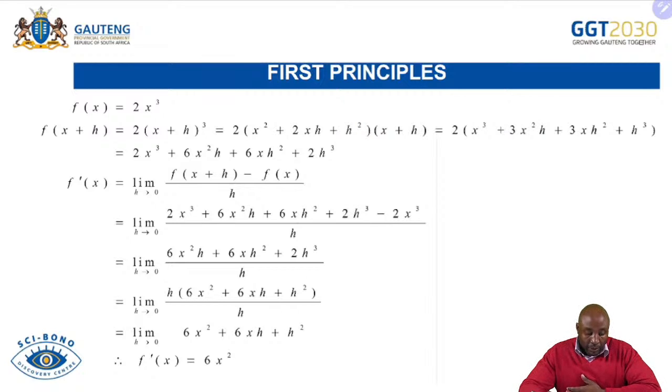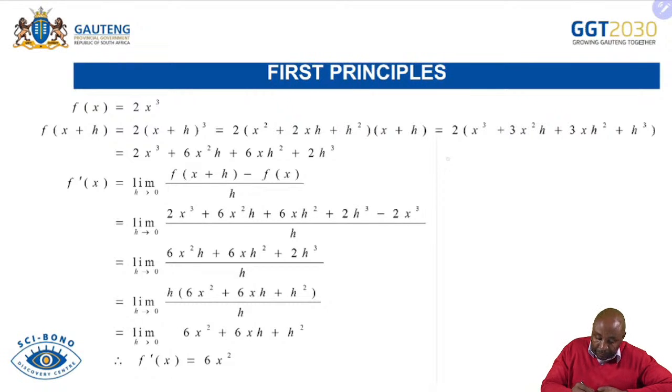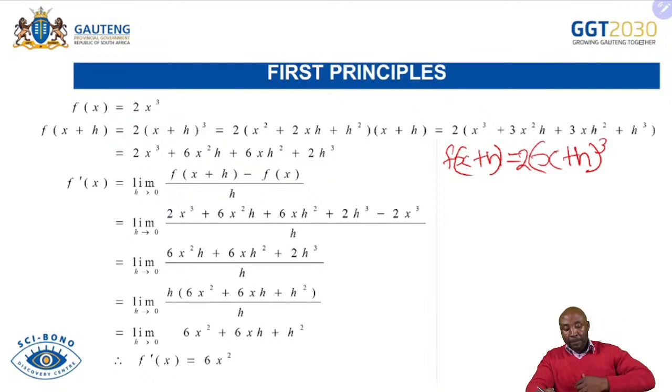We do have our f of x, and we know that our f of x plus h would become, we have our coefficient 2, we substitute in place of x, we put x plus h, and that to the power 3.